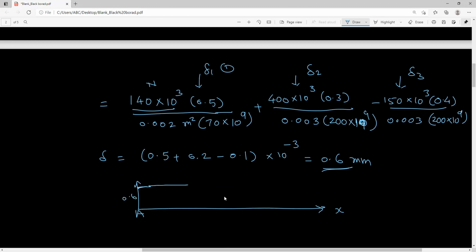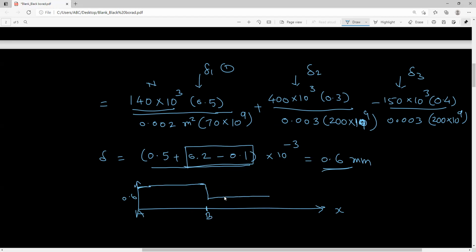So this 0.6 will remain constant up to location B. And then at location B, the total deflection will be 0.1.